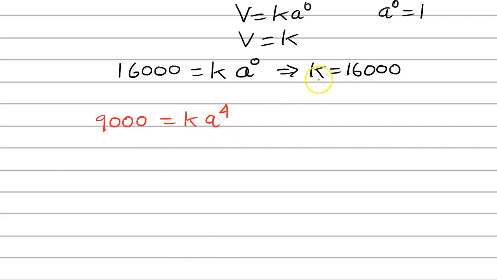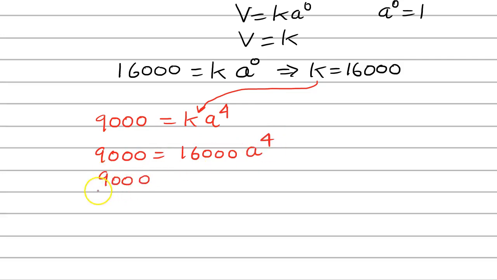What is a? Put the value of k here. So it will be 9,000 equals 16,000 times a to the power 4. So 9,000 divided by 16,000 is a to the power 4, and we have cancelled three zeros, so 9 over 16. So we'll calculate the fourth root of 9 over 16.